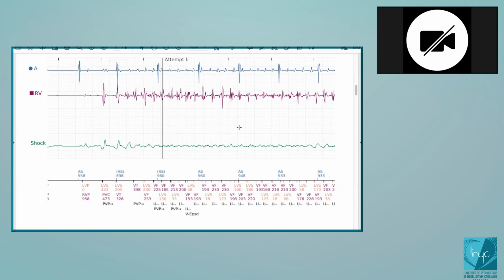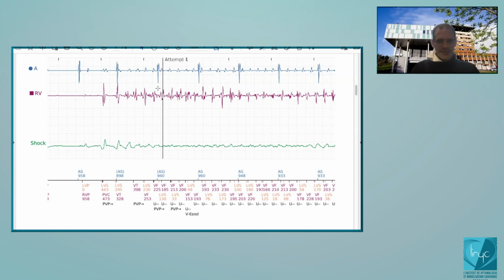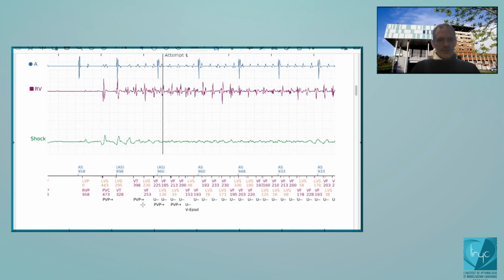So I think we have the beginning of the ventricular fibrillation. Yes, pretty fast, very fast, polymorphic, clearly a life-threatening arrhythmia. This is why you have implanted the device, just to shock this kind of life-threatening arrhythmia. So what happens then on the counter? You see, it's going to be 1, 2, 3, 4, 5, 6, 7, 8.